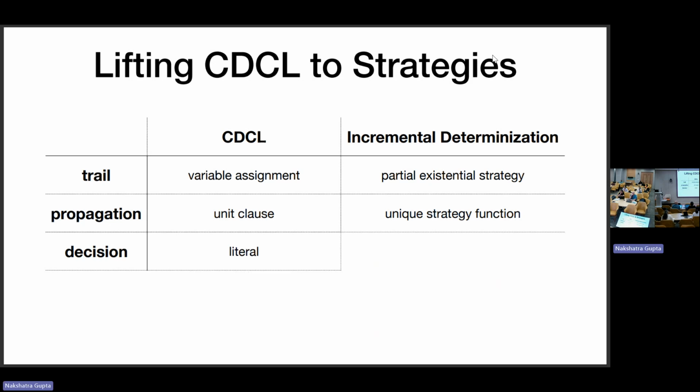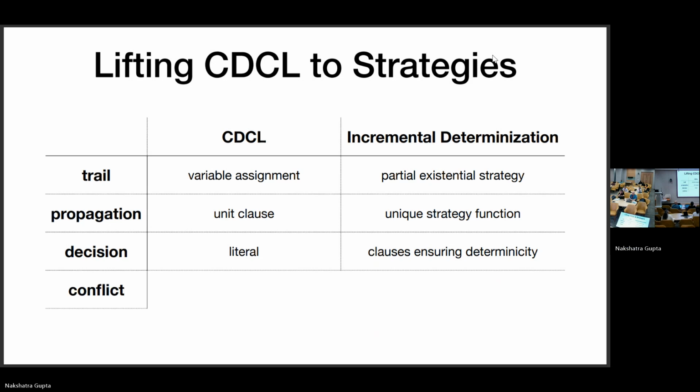Decisions in CDCL correspond to setting a variable to a certain value. In incremental determinization, decisions are made by adding clauses that ensure that a variable is deterministic. We have a conflict in CDCL if we find under some partial assignment two unit clauses that contain opposing literals.